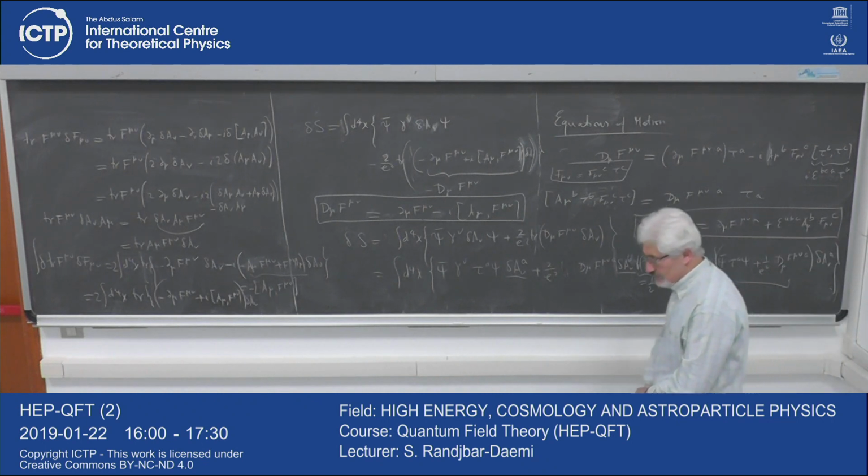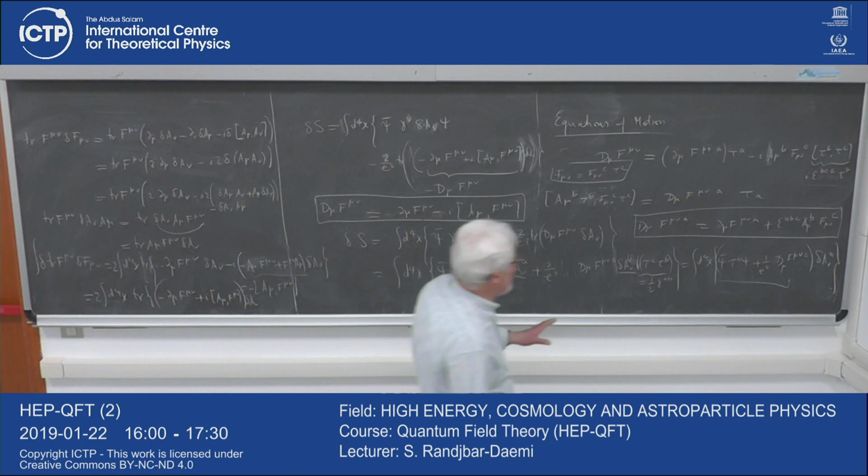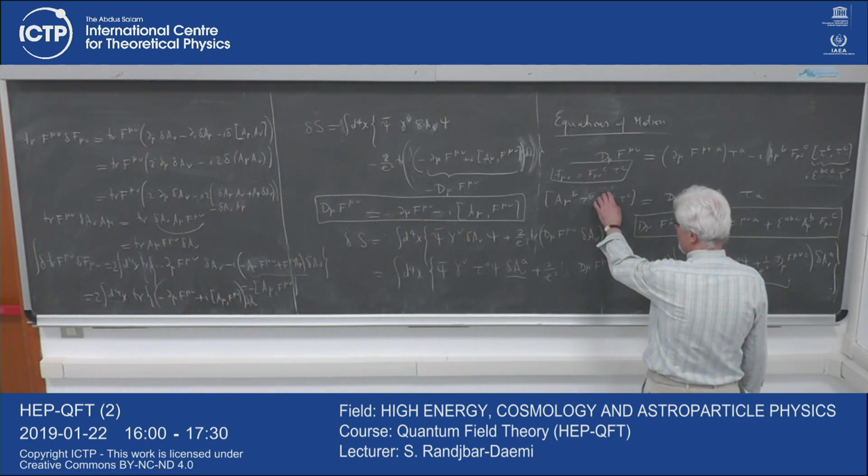We have tau b, tau c, not tau a. We can factorize the a from here and here, but here we will have. But this is F. I'm not going to write F like this. I'm just going to give it as F. Here I'm not writing F in terms of its components, in terms of A. I'm just keeping it like this.